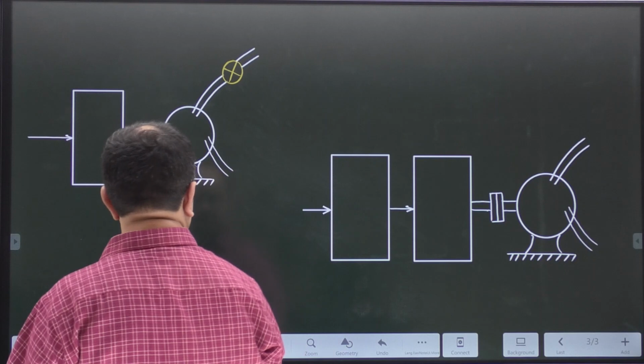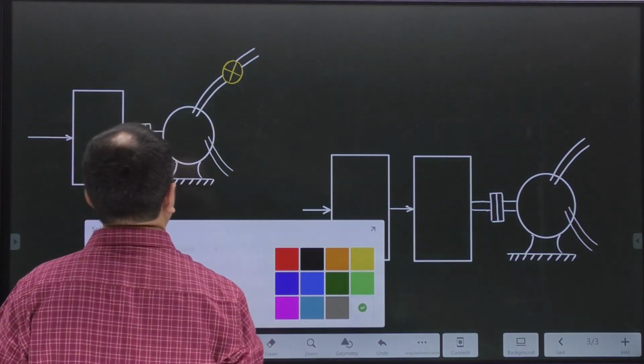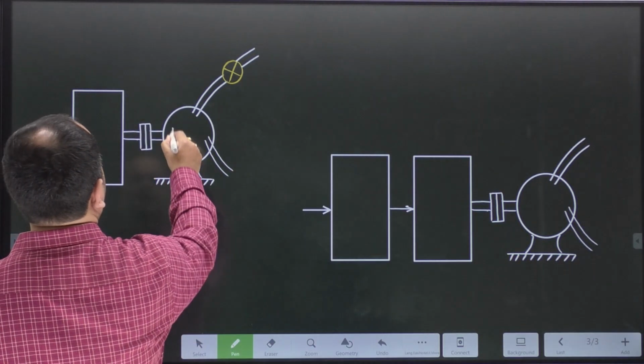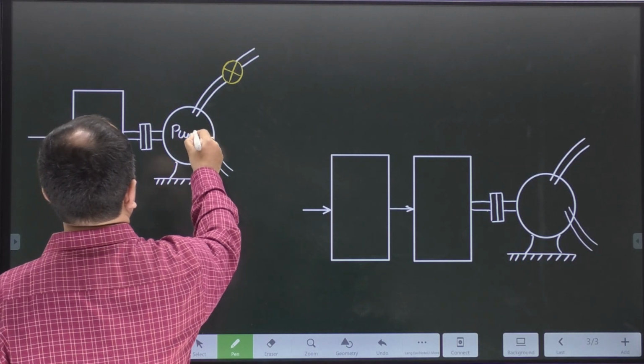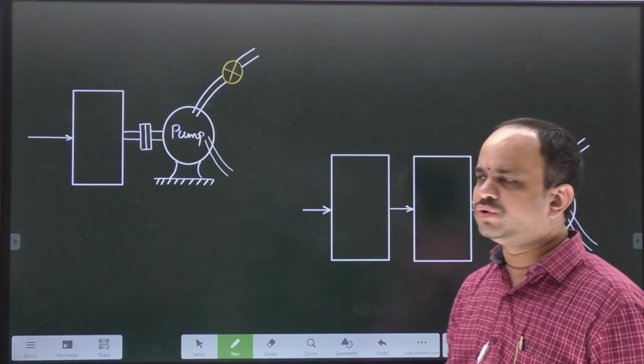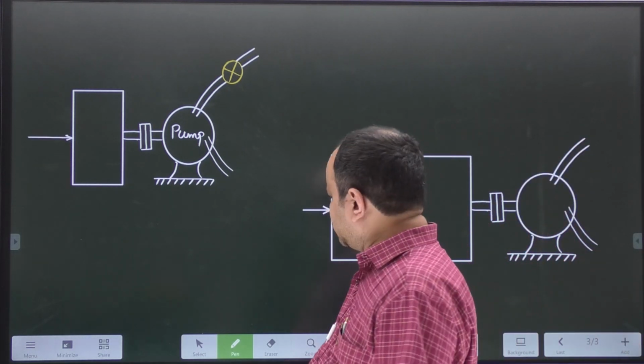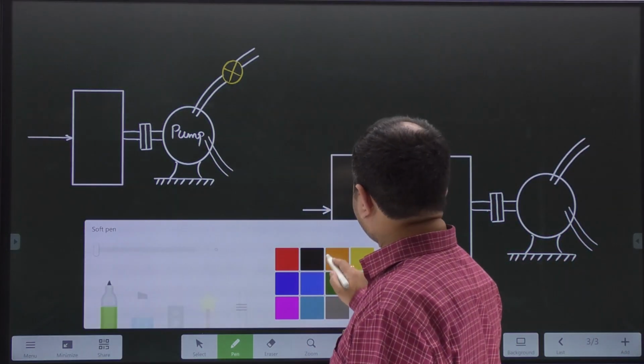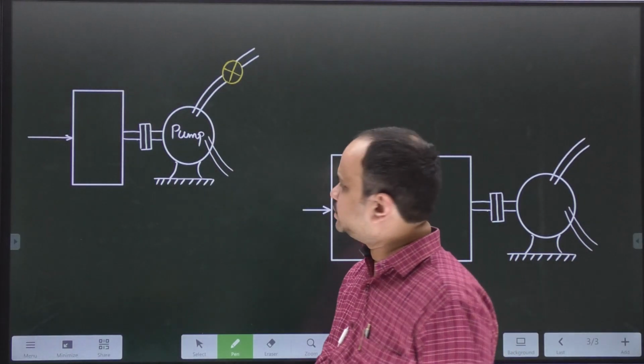See here, this is a pump example. Let us say this is a pump. Pump application, normally every household will have it. So what is the basic purpose of a pump?